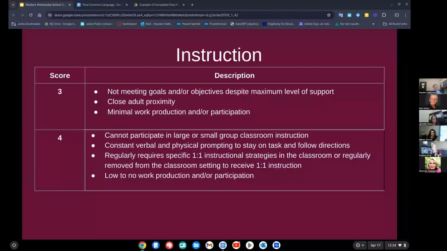These are, I would say, the students that most profoundly need adult support. They regularly require that one-to-one instructional strategy in the classroom, and show low to no work production and/or participation. So this, to me, would probably represent some of those concepts, possibly essentials level students. Now, it's not limited to that, but typically that's what we see with this fourth criteria.